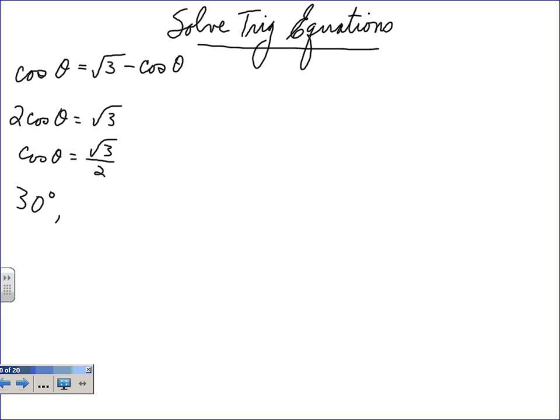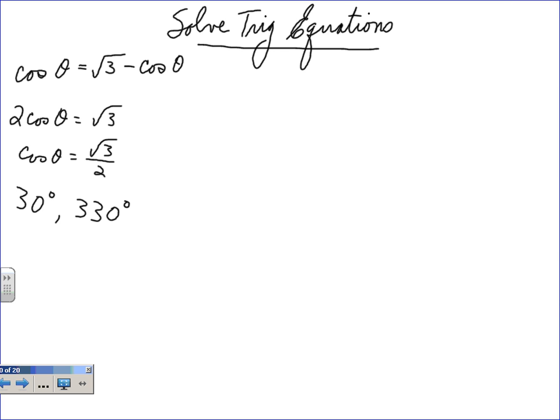And not 150. 150 is in the second quadrant, where cosine's negative. 330. We want our answers to be between 0 and 360. By the way, if you're checking the book, for a few problems they're going to say find all values.